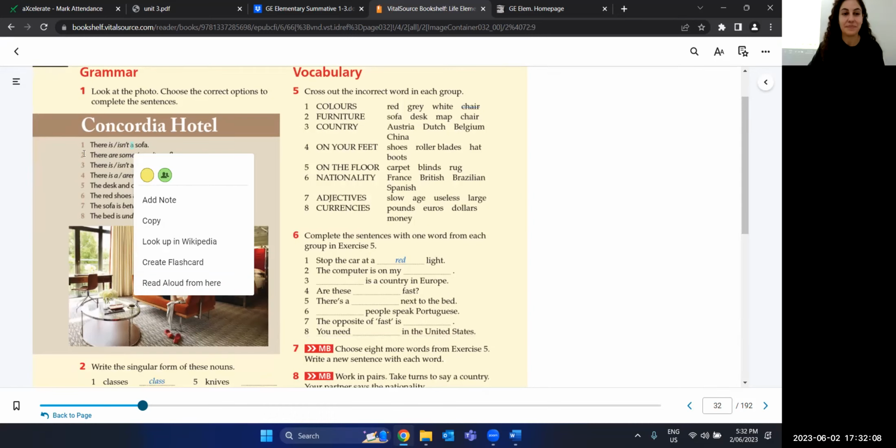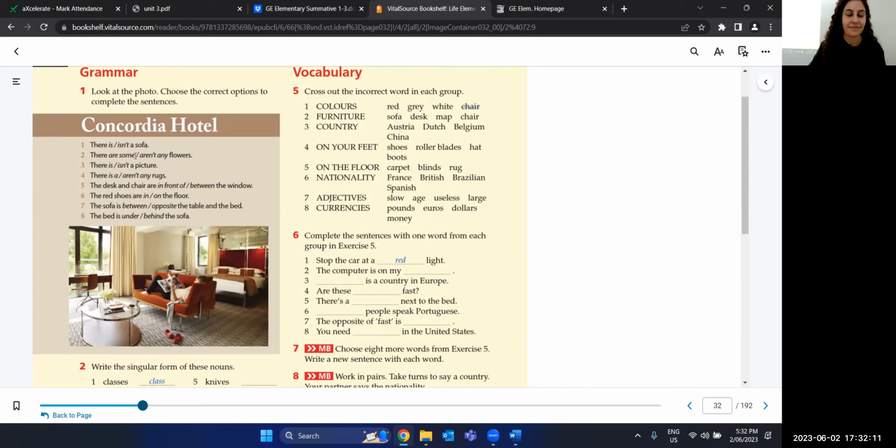Number two, Roxana. There aren't any flowers, I think. Oh, sorry, number two. So there aren't is the negative, means there is no flowers.